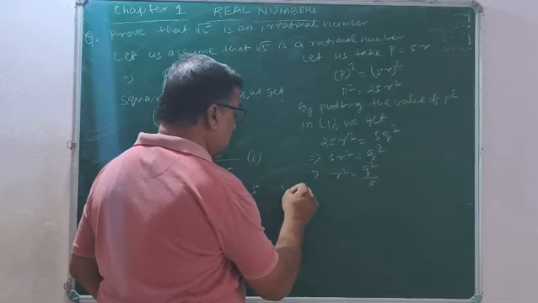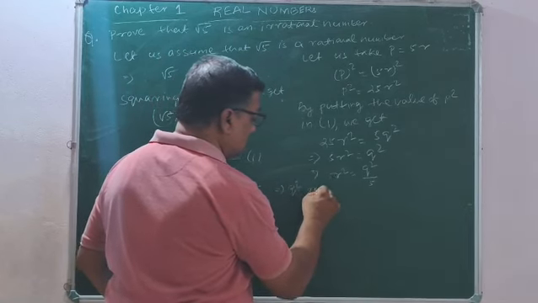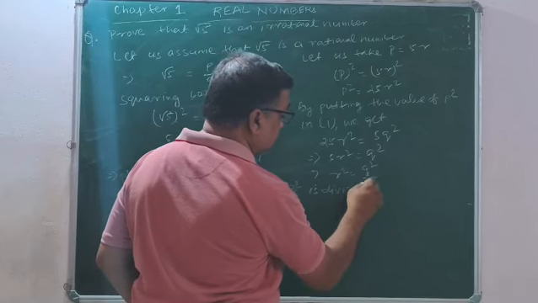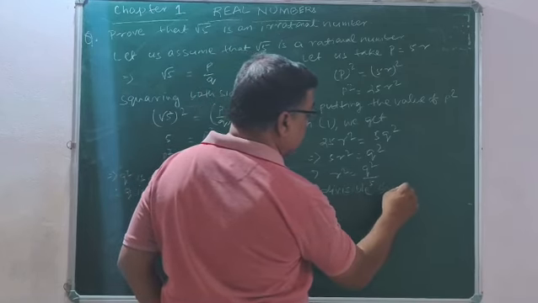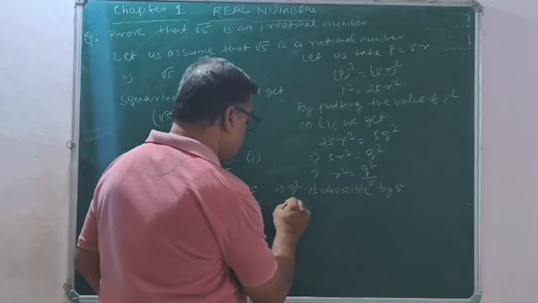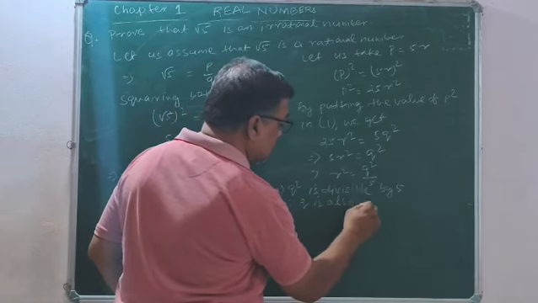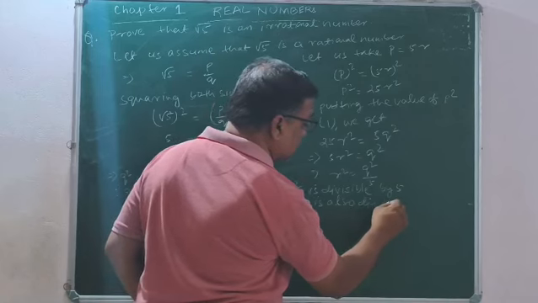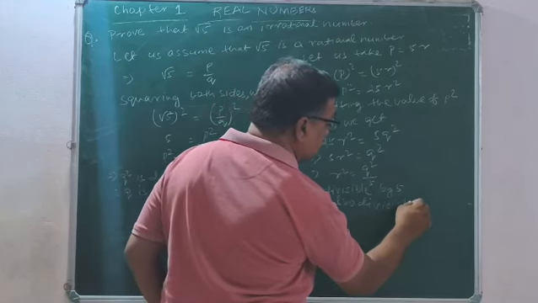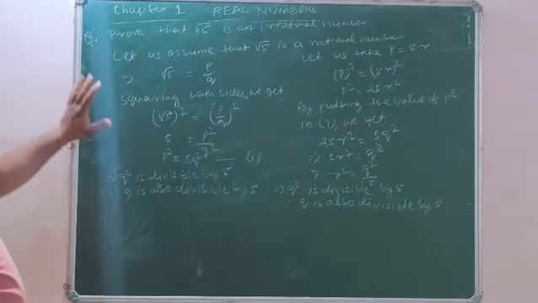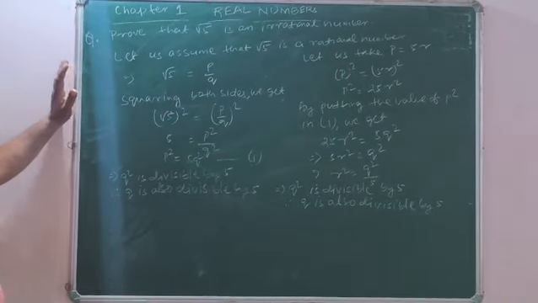What does this imply? q squared is divisible by 5. Therefore, q is also divisible by 5.